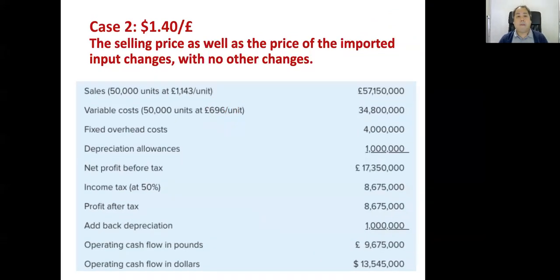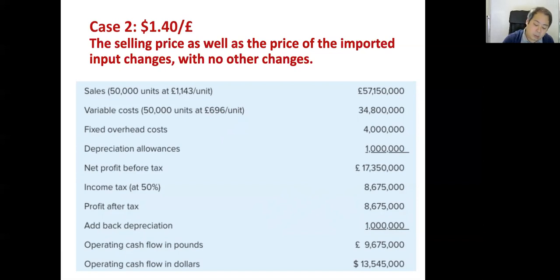Case 2. Now the selling price changes as well as the price of imported input, with no other changes. So let's say that Albion can raise the selling price to 1,143 pounds to keep the same selling price of 160,000 after the pound depreciation.